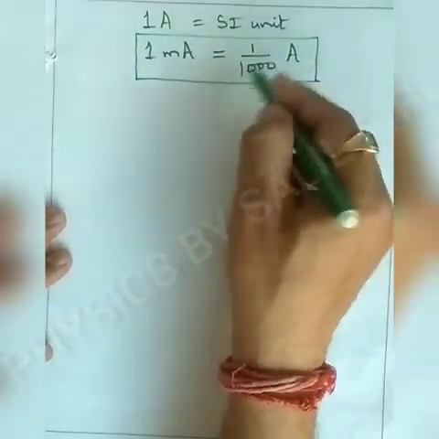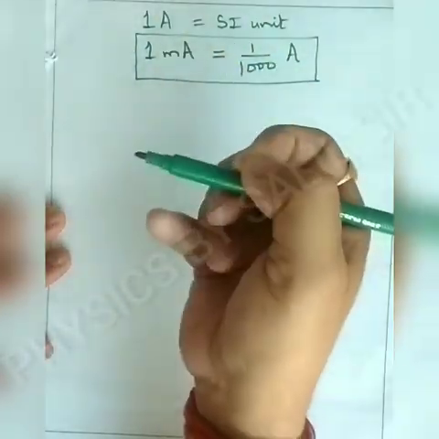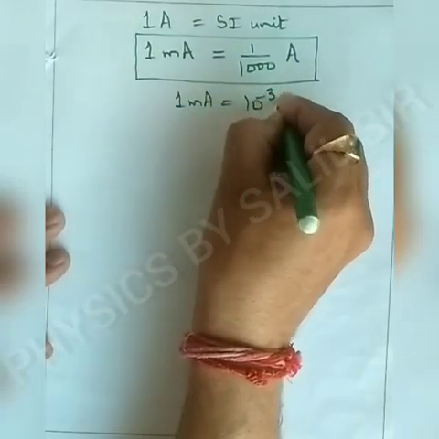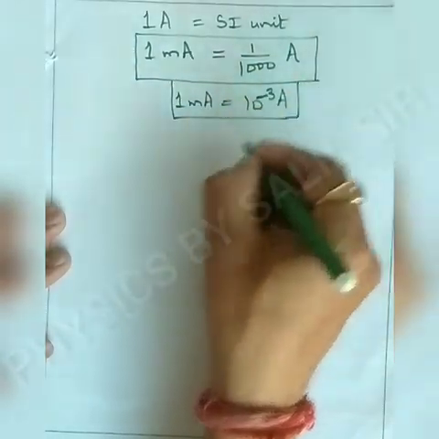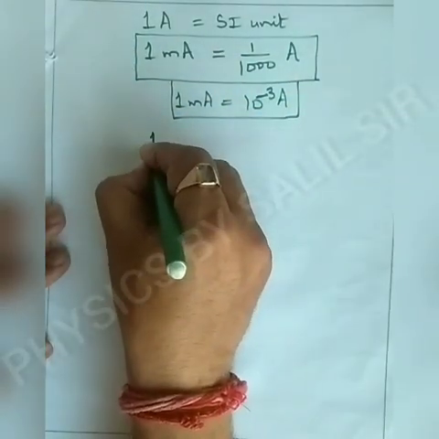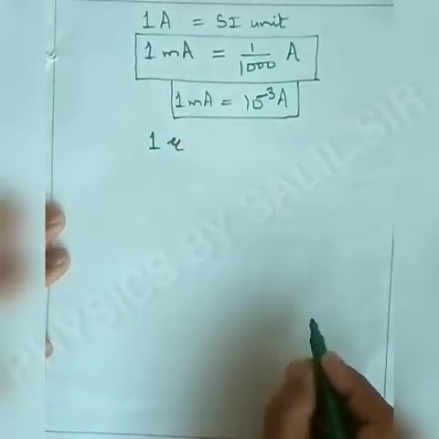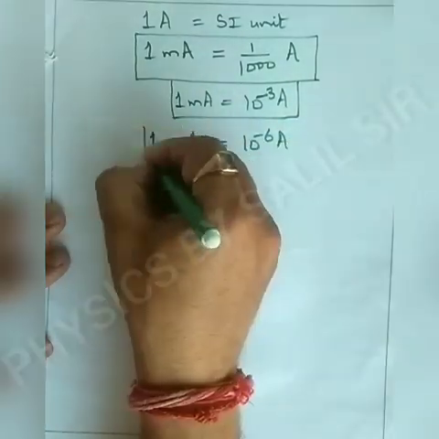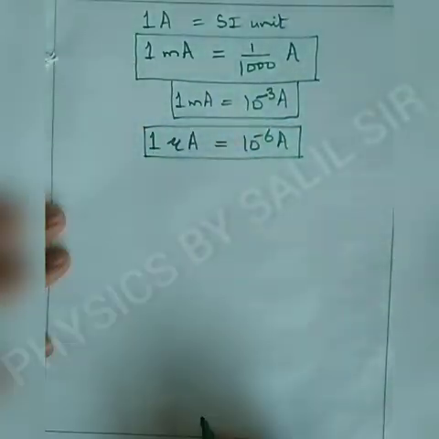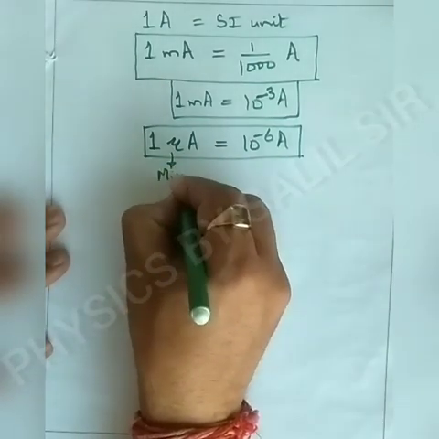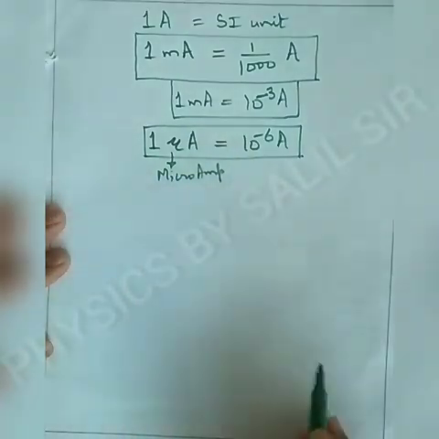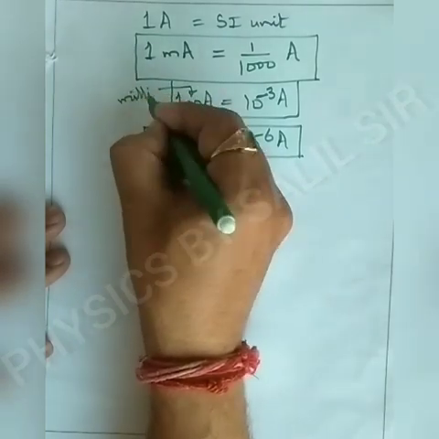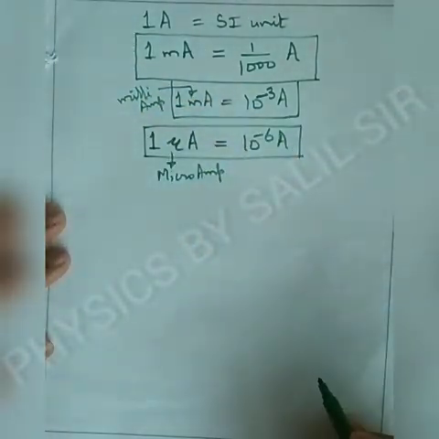So 1 milliampere is equal to 10 to power minus 3 ampere. And another smaller unit is 1 microampere. Micro is represented by mu. 1 microampere is 10 to power minus 6 ampere.